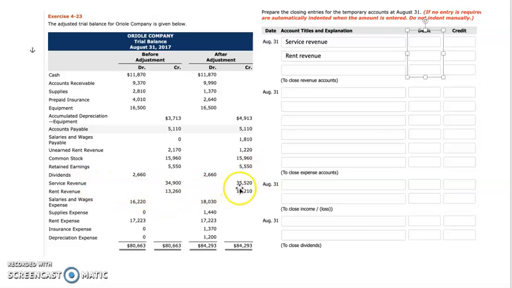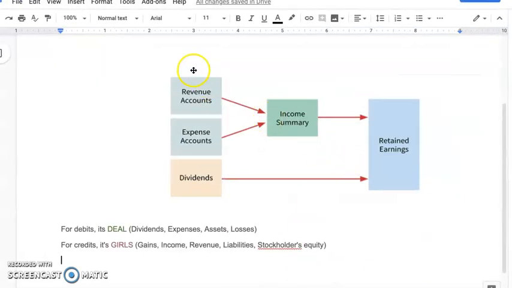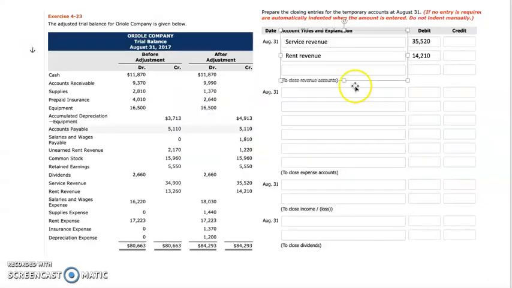So service revenue, it's $35,520. And then for rent revenue down here, it's $14,210. Perfect. And then, like I mentioned earlier from the diagram, your revenue accounts get closed out to income summary. So that is how you're going to zero them out, to income summary.